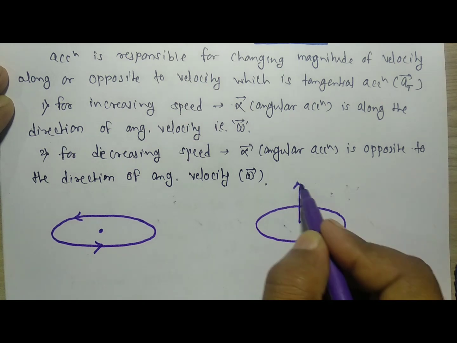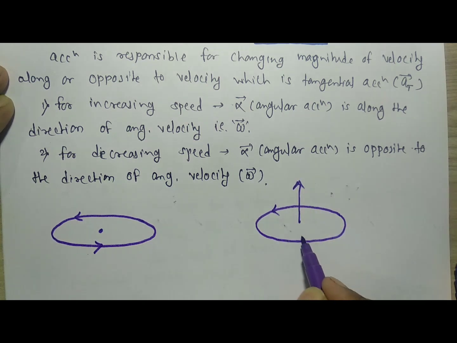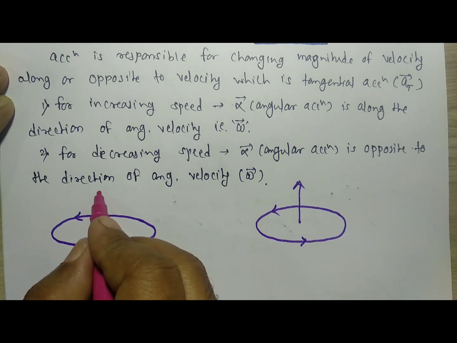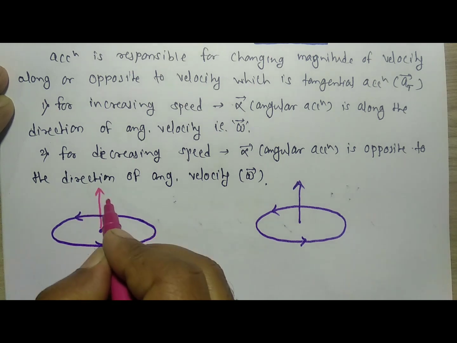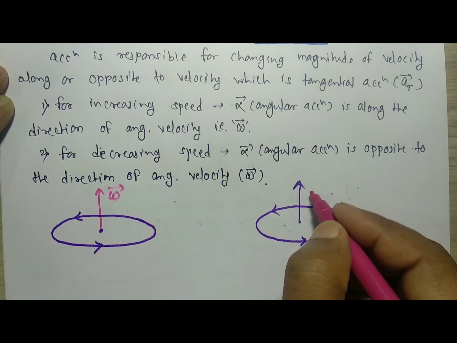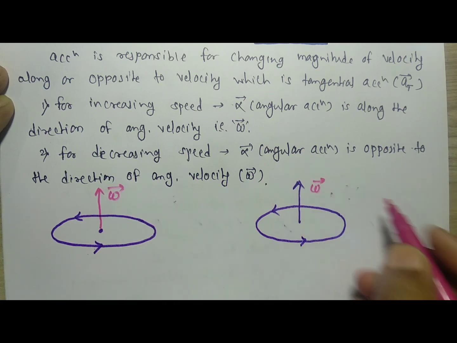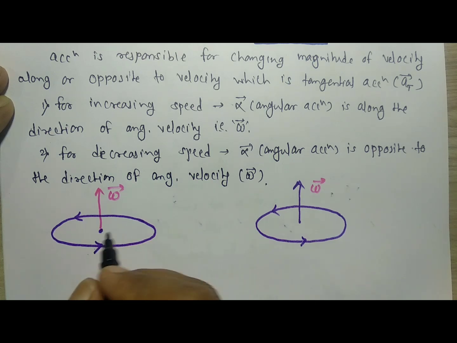The angular velocity is also in the same direction, in this way, angular velocity omega bar. Here we also get the angular velocity omega bar. So right now, first of all, we have to think about the angular velocity.